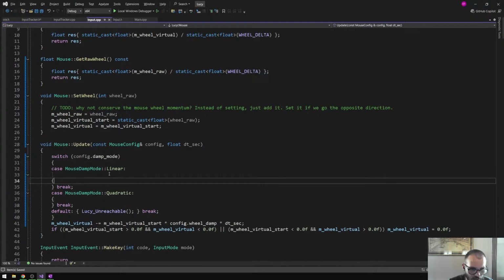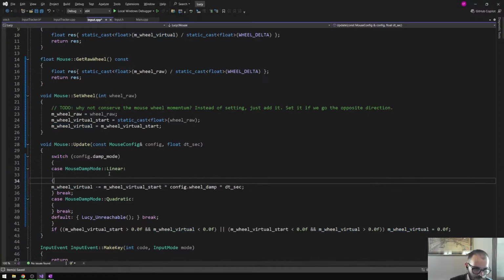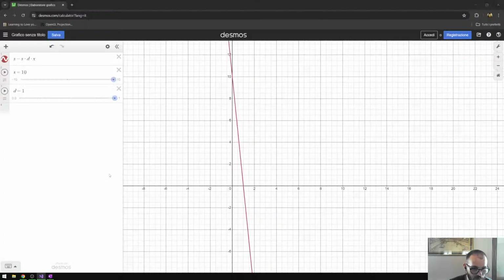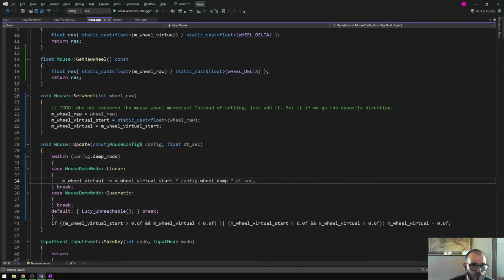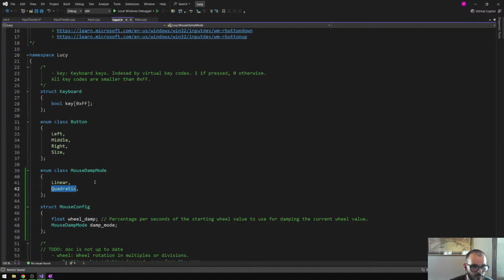So if we do the linear damping, this is what we want. If we want S minus S times, the damping factor is the percentage per second.